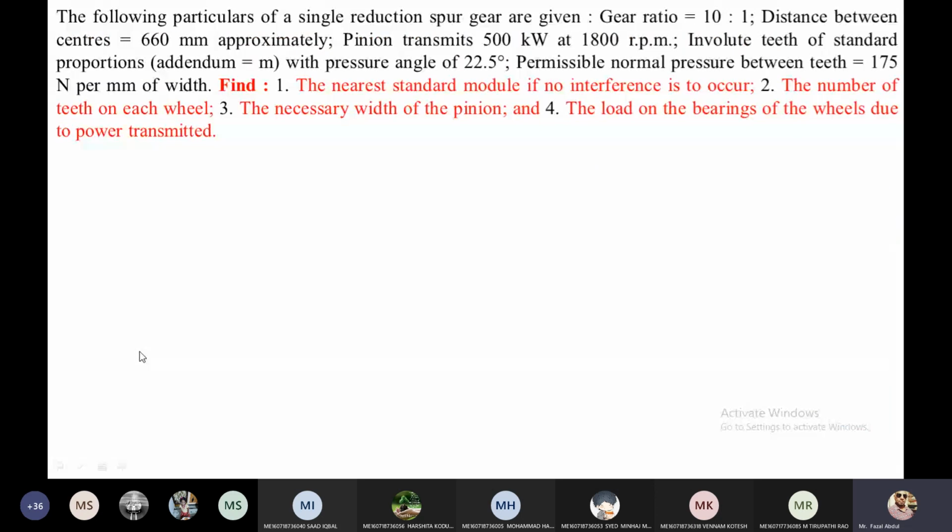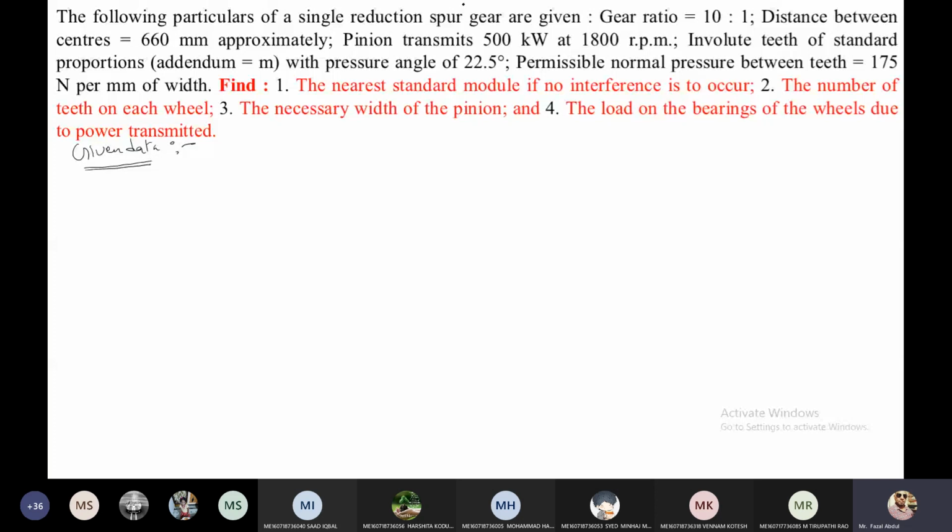Now we are practicing the numericals on spur gear. First write down the given data. The question itself shows the problem belongs to spur gear.